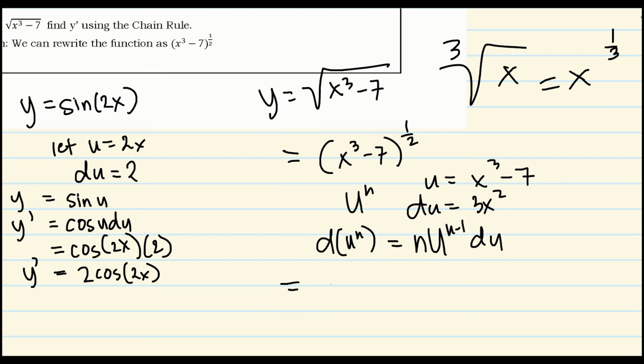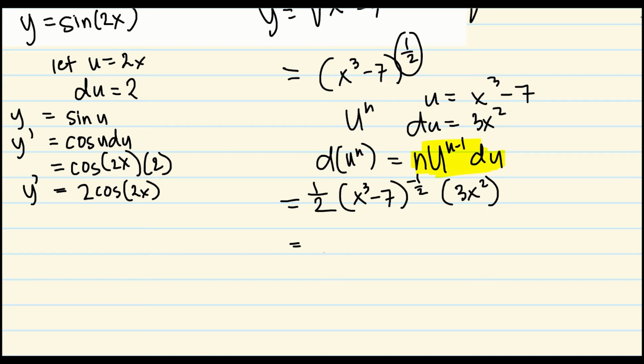So we substitute it here. Our n is 1 half, our u is x cubed minus 7, 1 half minus 1 is negative 1 half, and our du is 3x squared.